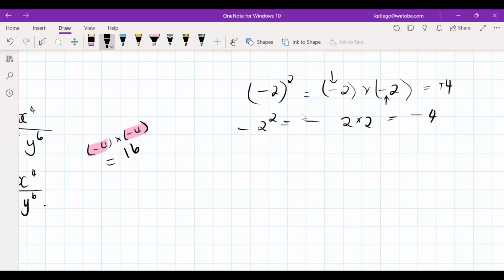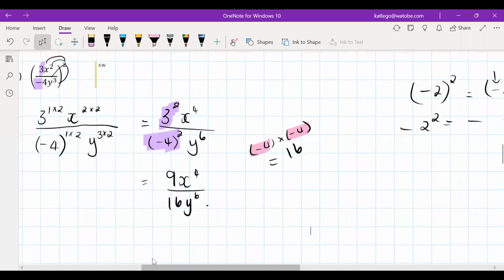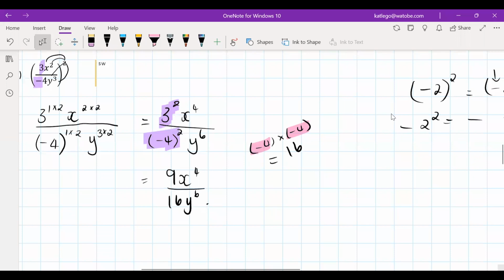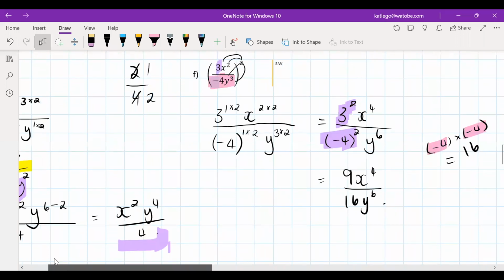So do you understand why in that question, let's go back, in that question, our negative was inside the bracket. Do we see there? That's why I squared it as well, because it was inside the bracket.